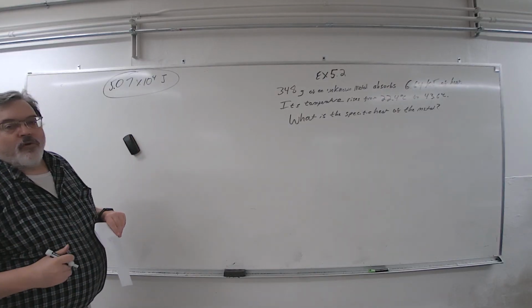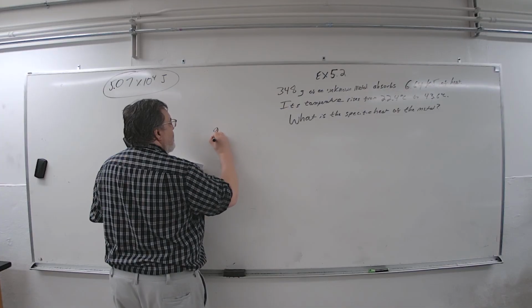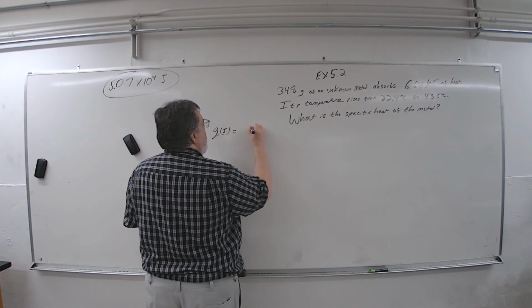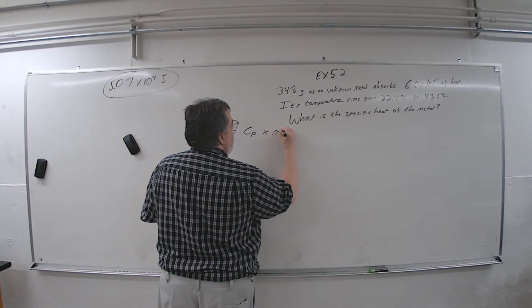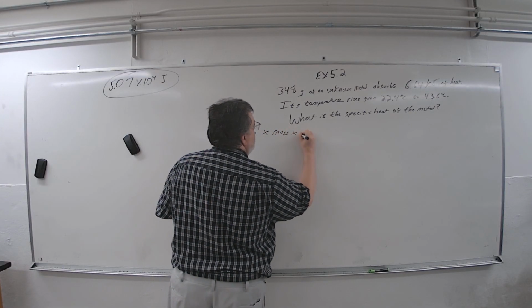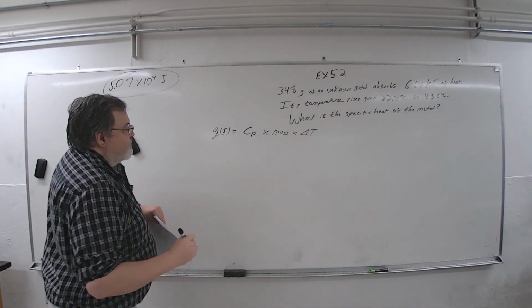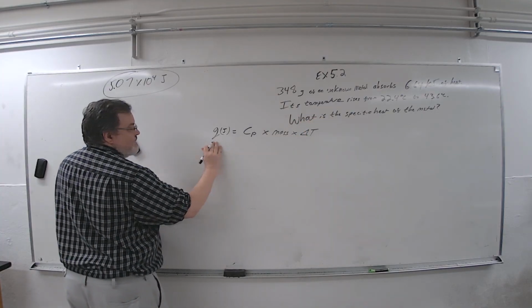You can use the same formula and use a little bit of algebra. Q is the heat flow, that's in joules, equals Cp, which is what we're looking for, times the mass, times the delta T. So the 6.64 kilojoules, that's this.